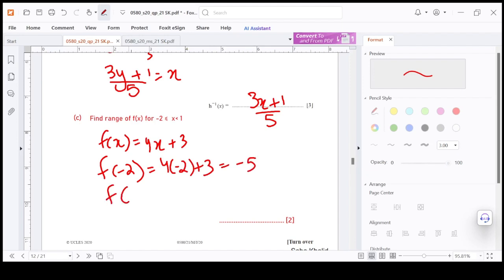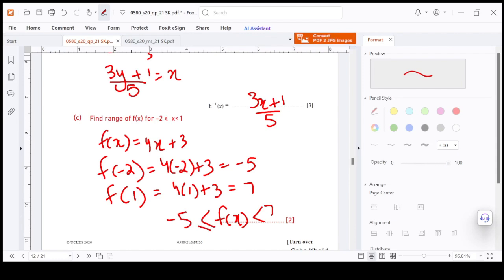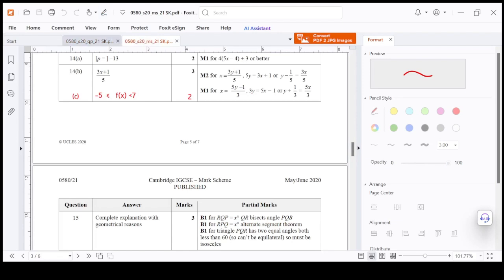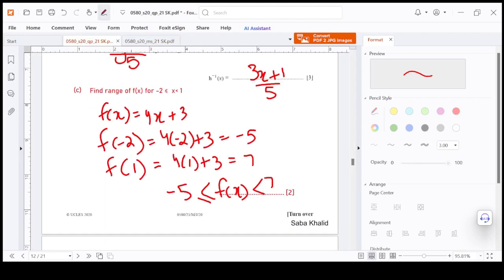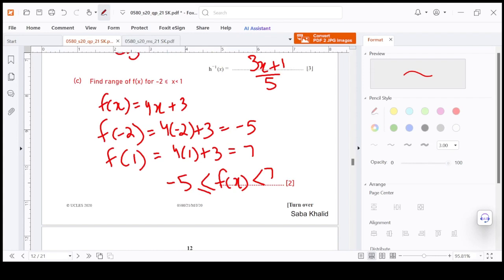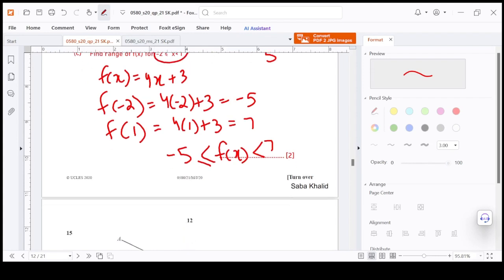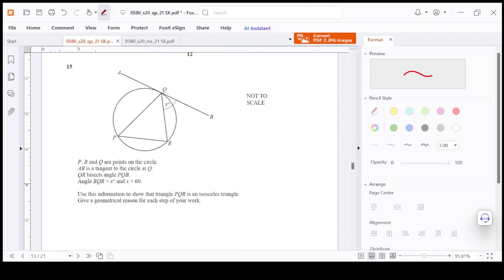And f(1) is 4 times 1 plus 3, which is 7. So you're going to write the range like this: f(x) is between 7 and minus 5, but since there's an equals to sign here, you'll also write an equals to sign here. So the range is between minus 5 and 7. Domain are the values of x, and range is the values of y, or f(x).